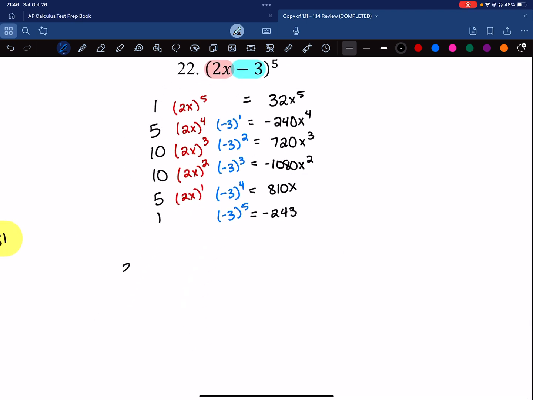And so we get 32x to the fifth minus 240x to the fourth plus 720x cubed minus 1080x squared plus 810x and minus 243.